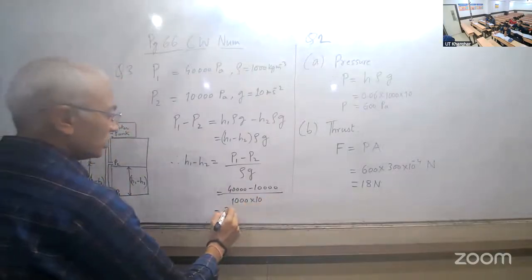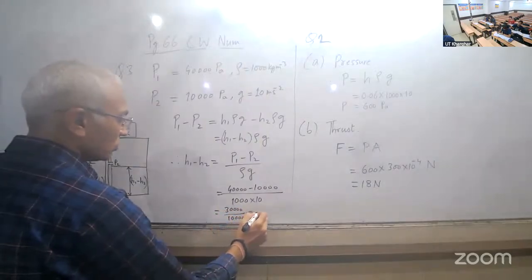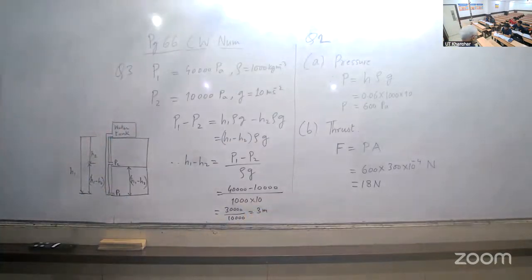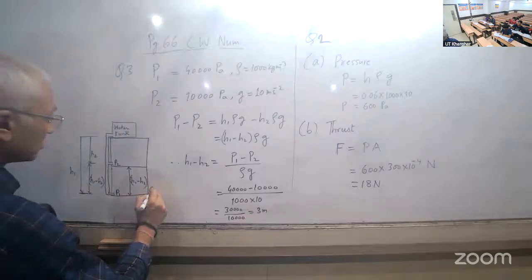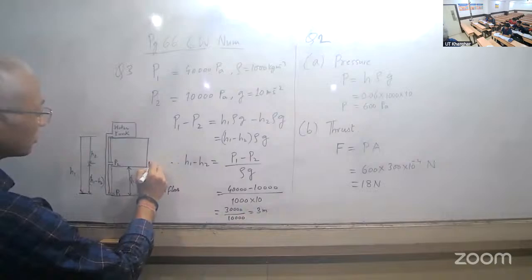The difference is 30,000 over 10,000, so this will be 3 meters. That's the answer. This is the ground floor, and this is the first floor.